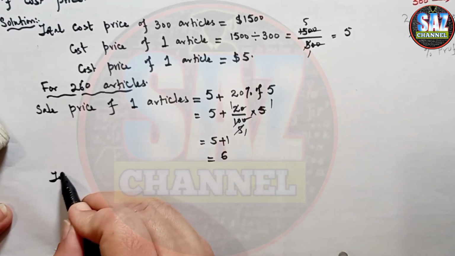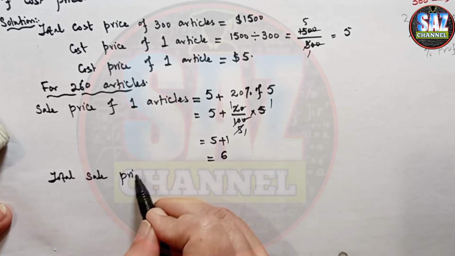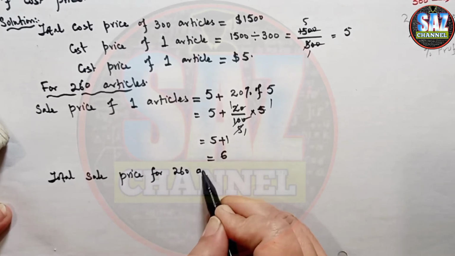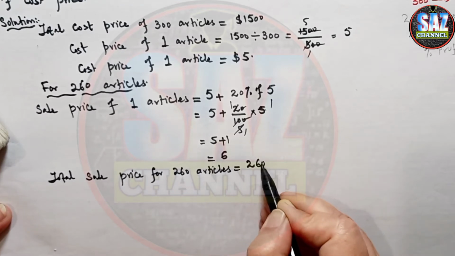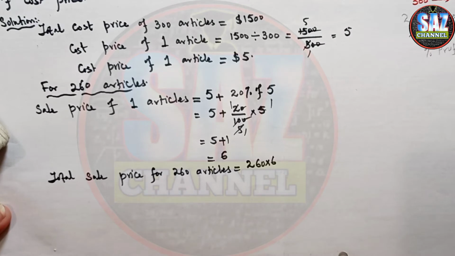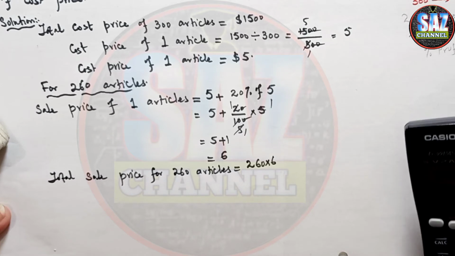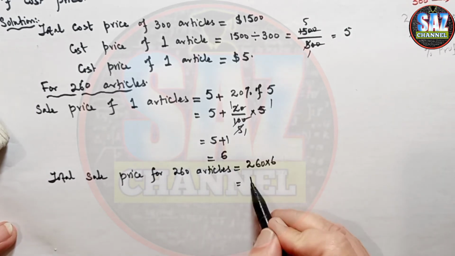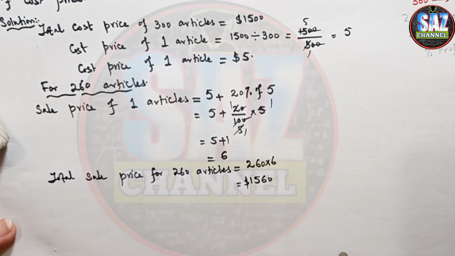Now the total sale price for 260 articles will be equal to 260 multiplied by 6, and this will give me 1560. So 1560 is the sale price of 260 articles, and let me block this answer first.